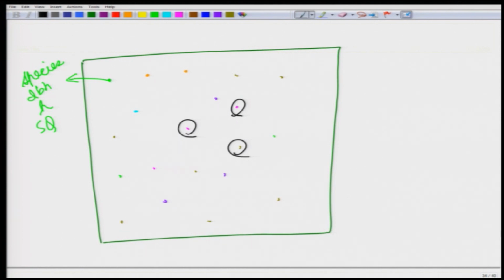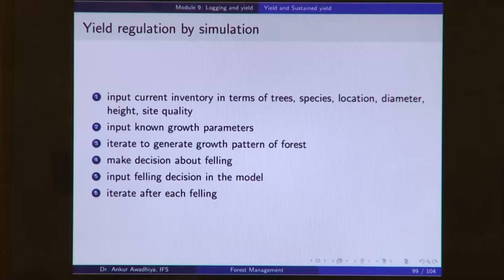Then after 5 more years, that is at the end of 10 years, how would this forest look? What would be the situation? And at that point of time, which other tree can I remove? You can do these iterations again and again to figure out which tree needs to be removed and also what volume you will get out of this removal.